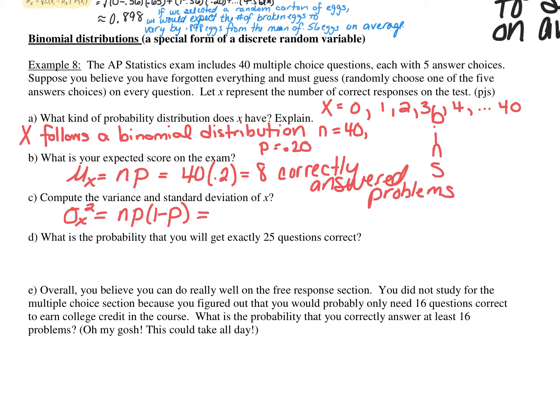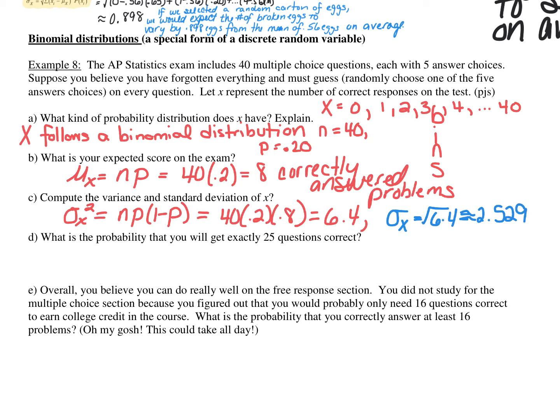And if I substitute in, that would be 40 times 0.2 times 0.8. So my variance is 6.4. And now my standard deviation would be the square root of 6.4, and that is approximately 2.529.